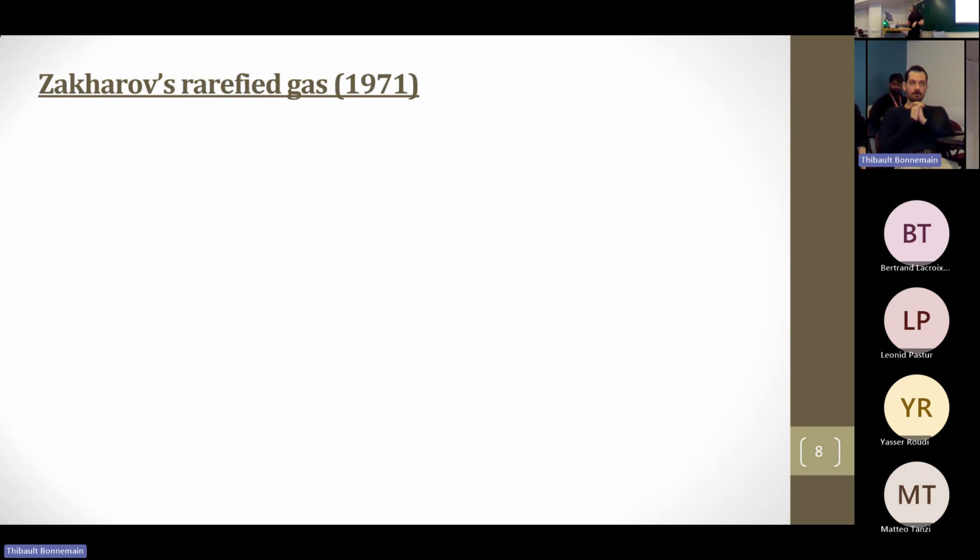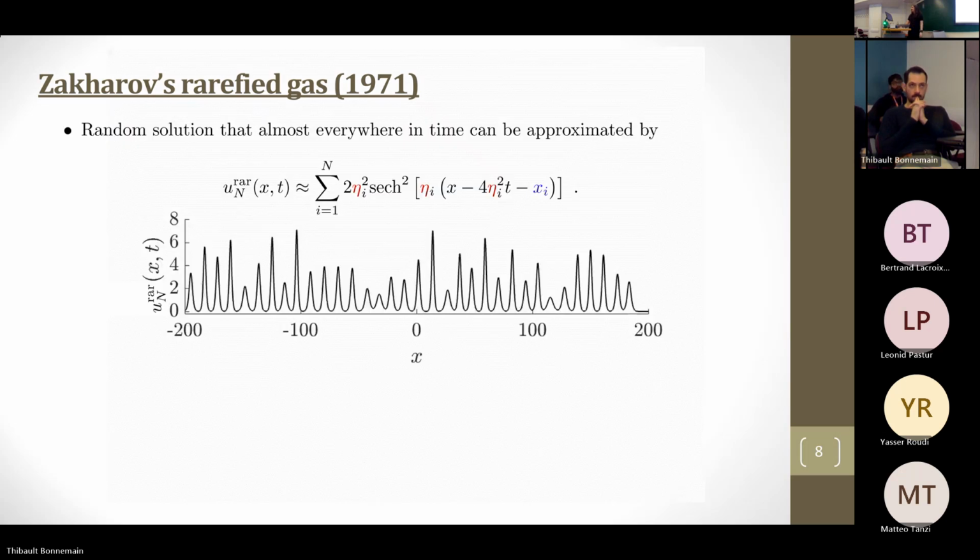Okay, but what do we mean by that? This corresponds to a solution of the KdV equation that can almost everywhere in time be approximated as a train of well-separated solitons. This is generally only valid asymptotically, but here we're putting ourselves into a very particular regime in which it's always true.